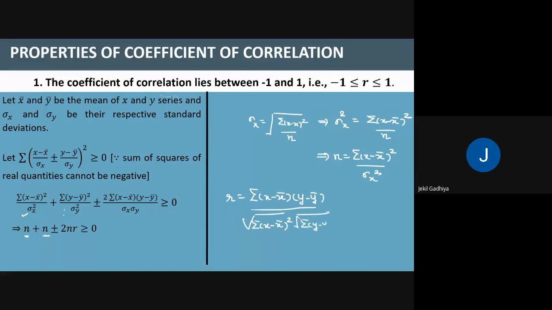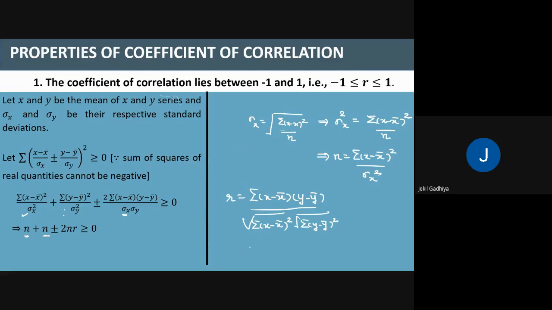Right. Now if we make the subject sigma (x minus x bar) whole square only, so here it is sigma x, right?